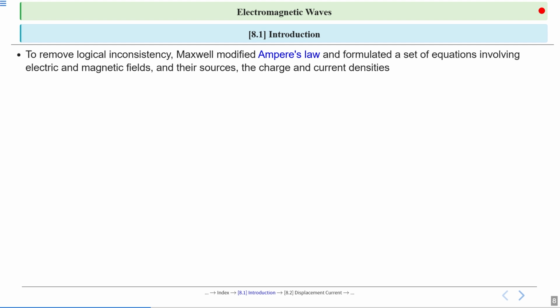So to remove the logical inconsistency, Maxwell modified Ampere's law and formulated a set of equations involving electrical and magnetic fields and their sources, the charges and current densities. The set of equations we have discussed in the previous slide. Only the Ampere circuital law was modified; the other three equations remained as they are.